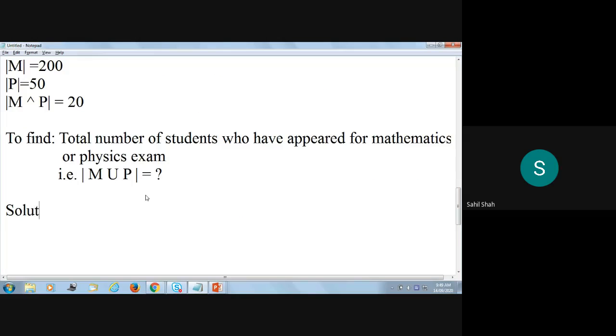Solution by principle of inclusion exclusion of sets.